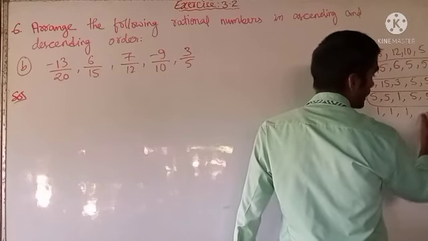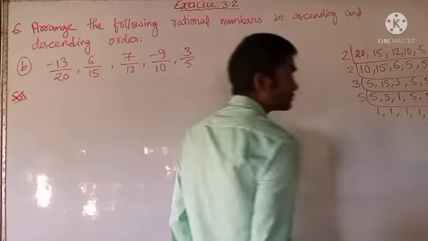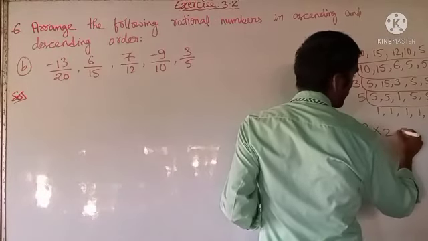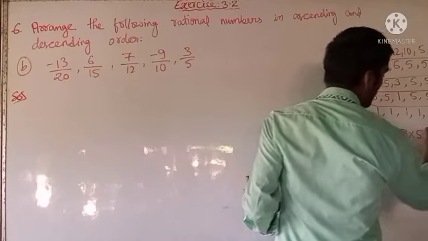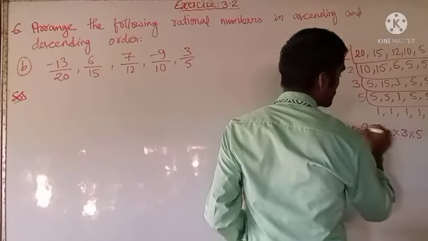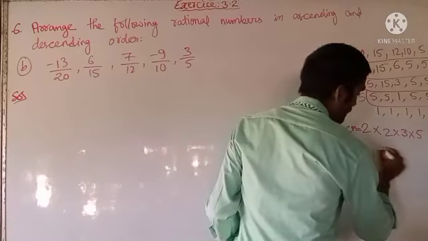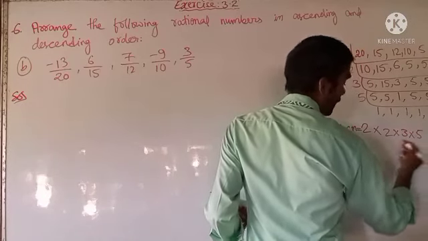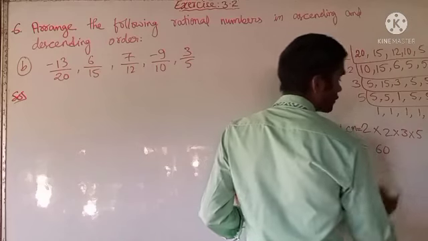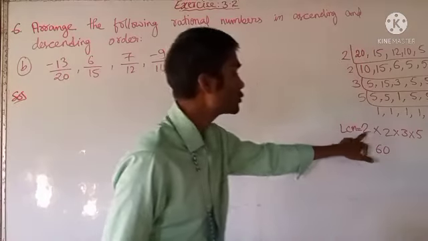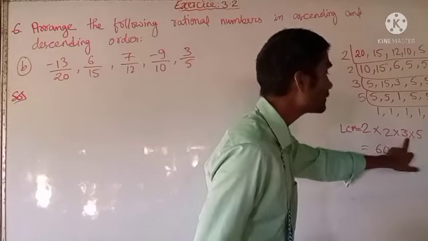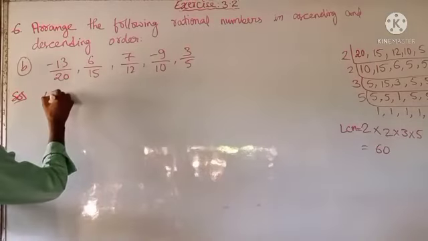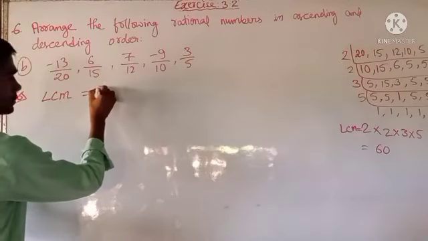Now we got 2 into 2 into 3 into 5. That is the LCM of these denominators. 2 2s are 4, 4 3s are 12, 12 into 5 we get 60. So we got the LCM, that is 60.